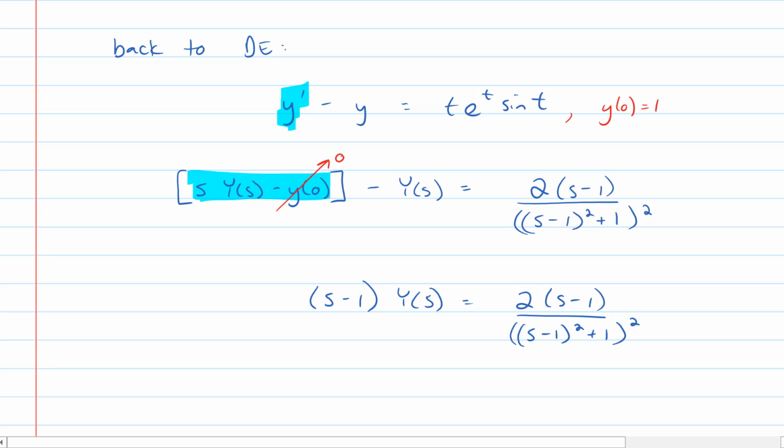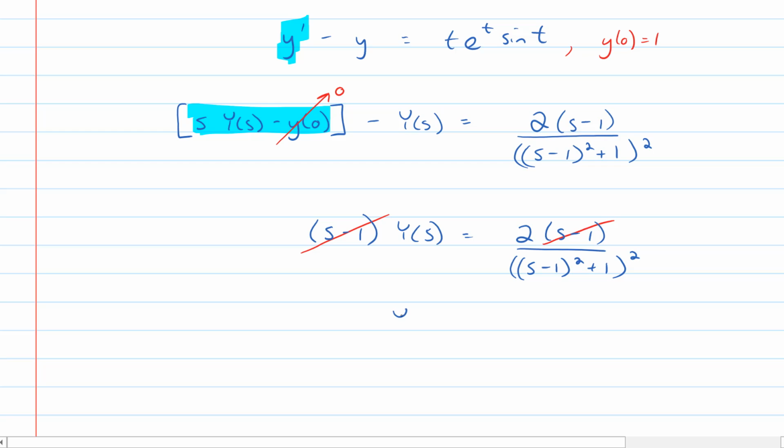It looks kind of terrible, like you're going to get a complicated partial fraction thing, except that the s minus 1's very conveniently cancel here. And we're left that Y of s is equal to 2 onto s minus 1 squared plus 1 all squared.